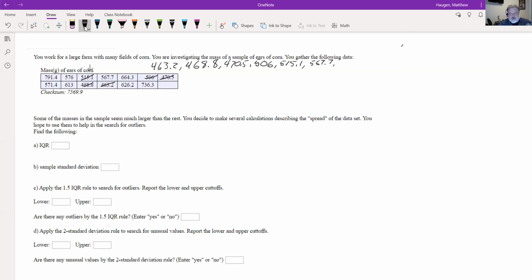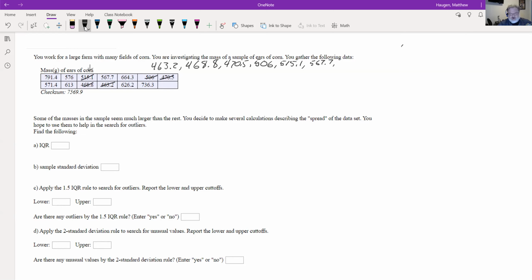So before we can find what the IQR is, we've got to do all of that. Or have the calculator do all that, or have Excel do all that. But we need all that information before we can do part A. Then to find that IQR, that interquartile range, it's the difference between the inner quartiles.